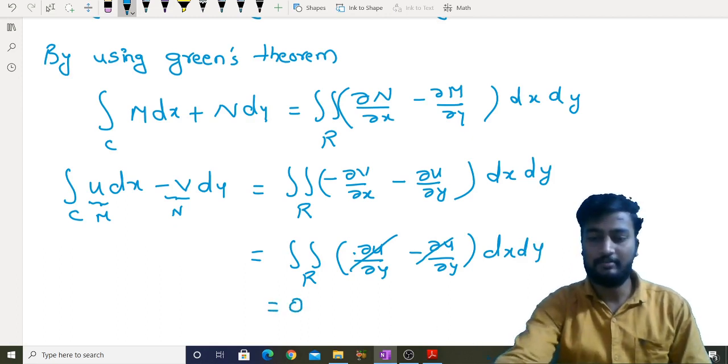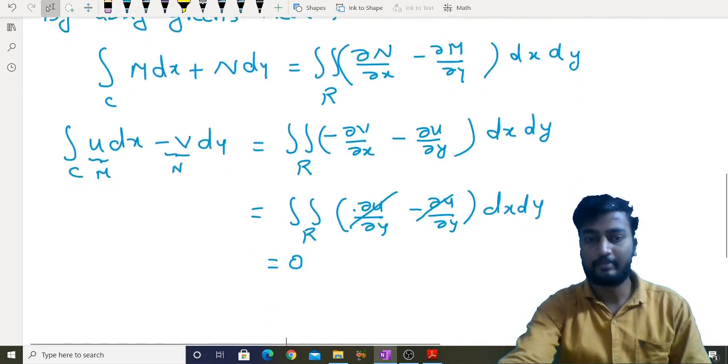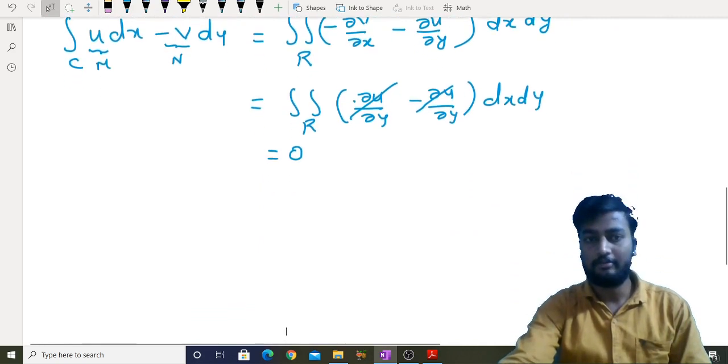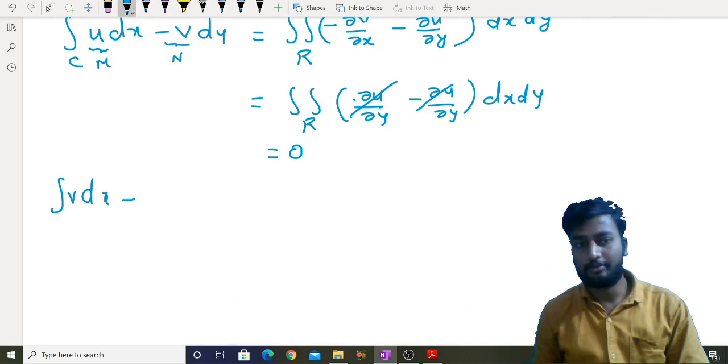Similarly, our next concept is the integral of v dx plus u dy over C. Treat v dx as m and u dy as n.